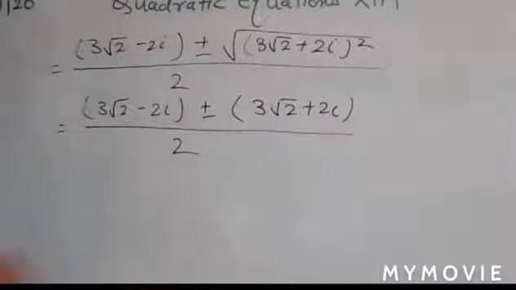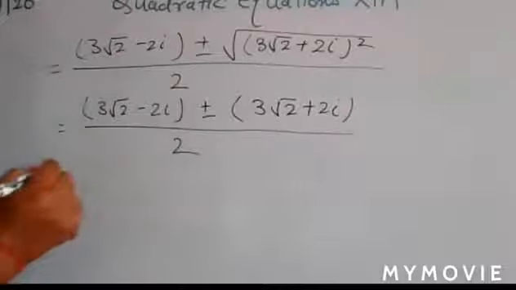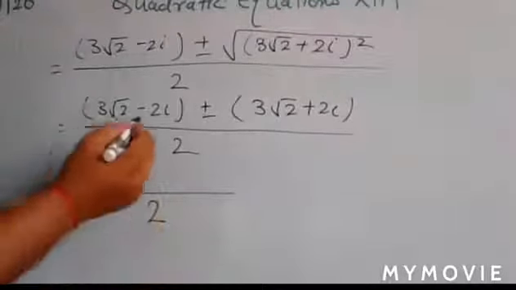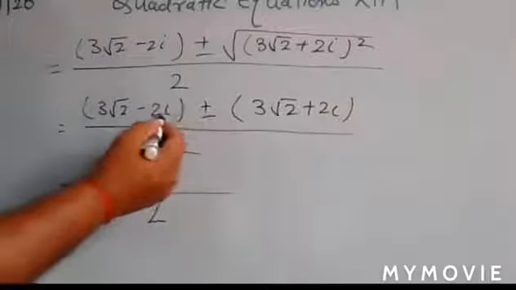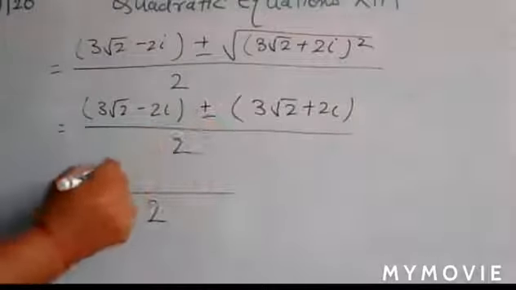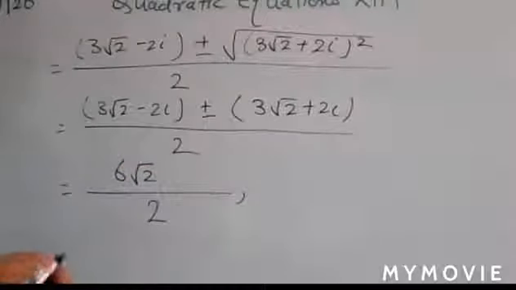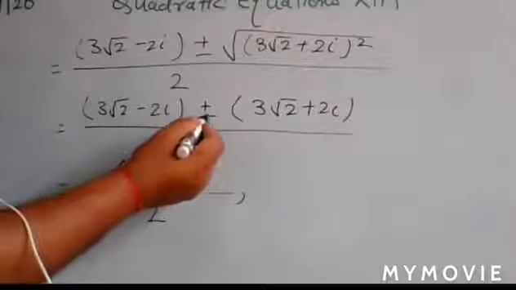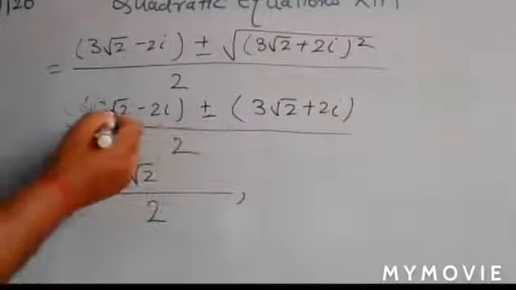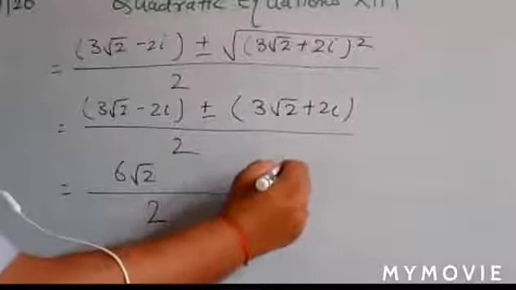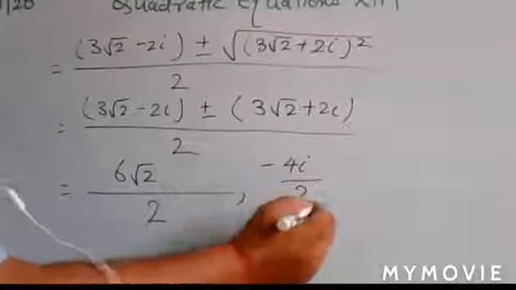If you take the positive value for x, here you have 2, and 2i and 2i cancel out, and you have 6 root 2. And if you take the negative sign in between them, 3 root 2 and 3 root 2 cancel out, and here you have 4 minus 4i by 2.